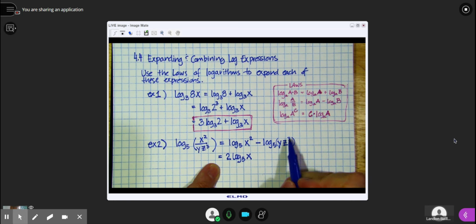Okay? I can't move this 3 up front because I haven't split these two yet. So now this is log base 5 a b. So I'm going to subtract, and this is going to be log base 5 of y plus log base 5 of z to the third.